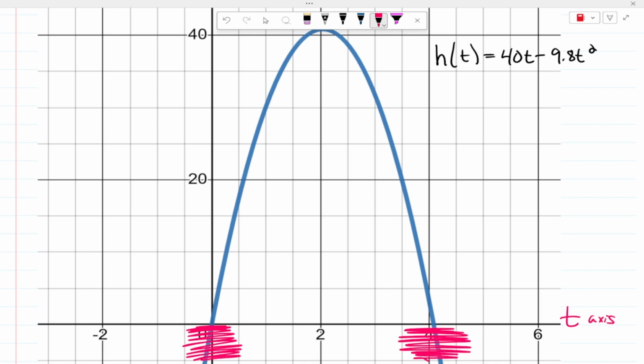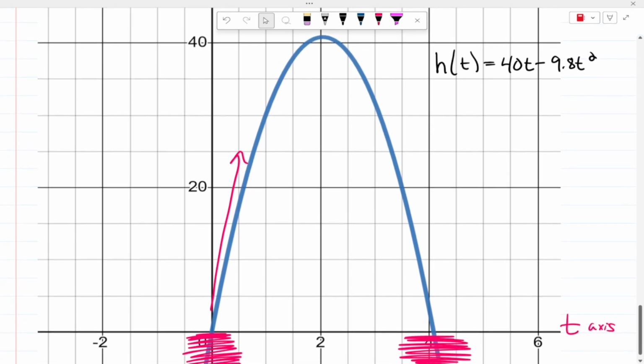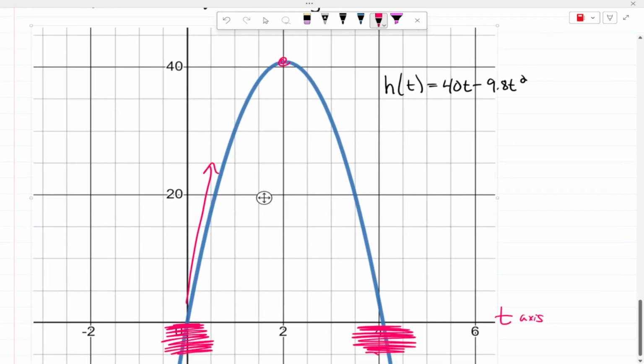And the reason? Because this is a projectile that is being fired. And we know projectiles go up in the air. They reach this maximum height right here. And then they come back down to the ground and they hit right there. So this is when the projectile hits the ground.